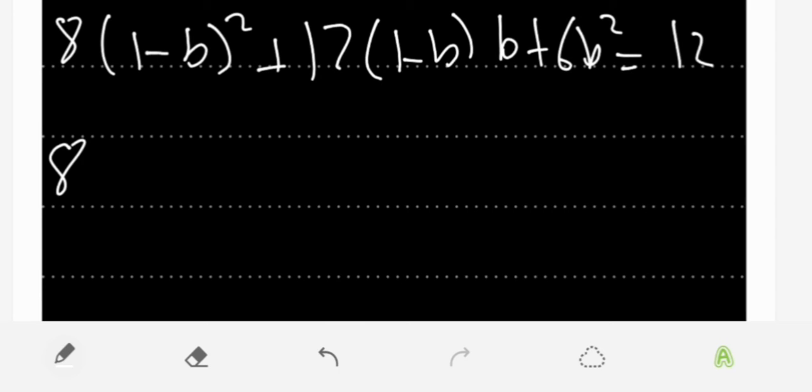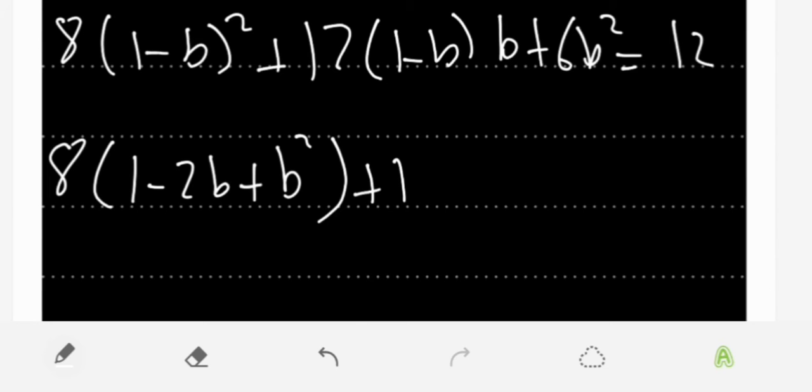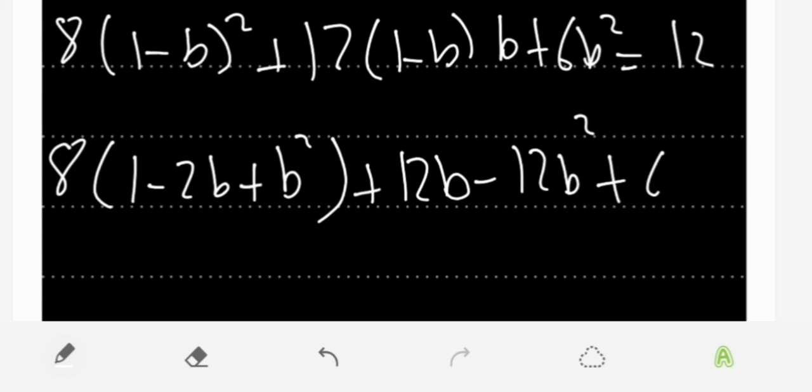So 8 multiplied by 1 minus 2b, just taking this part squared, plus b squared, plus now 12, I'm going to multiply this and this in this parenthesis, okay? So 12b multiplied by 1 is 12b, minus 12b multiplied by b is 12b squared, plus 6b squared is equal to 12.